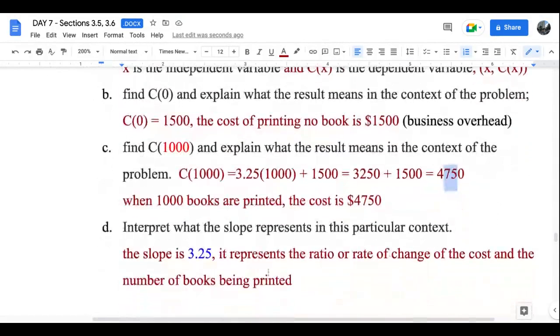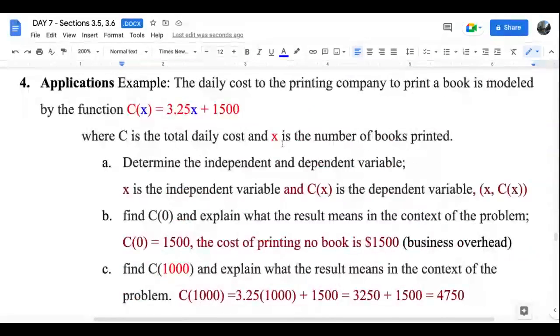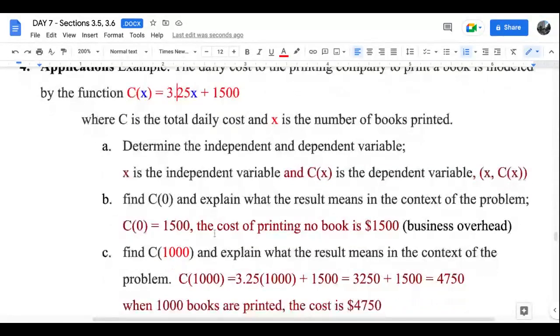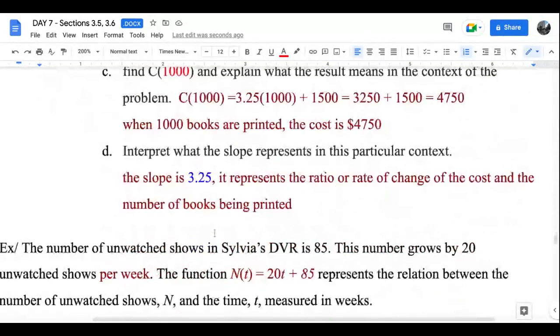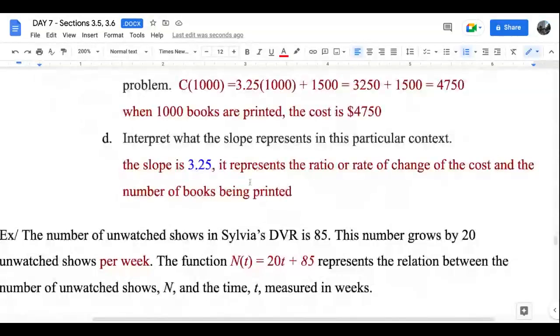D, interpret what the slope represents in this particular context. The slope is 3.25, right? Remember, what does x represent? x represents how many books? If x equals 1, this is 1 book costs 3.25. If it's 2 books, 2 times 3.25, right? So that means for each book printed, the printing cost of each book is 3.25.